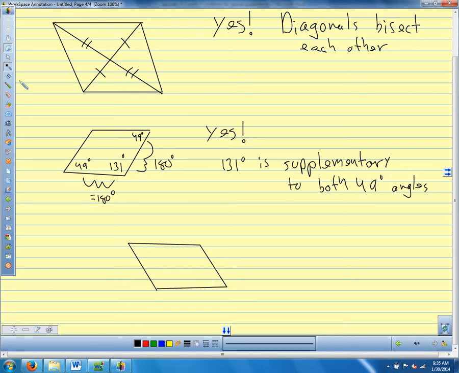And I'm going to label this one. Is this one a parallelogram? This one is a yes. And why is this a parallelogram? Both pairs of opposite sides are equal.